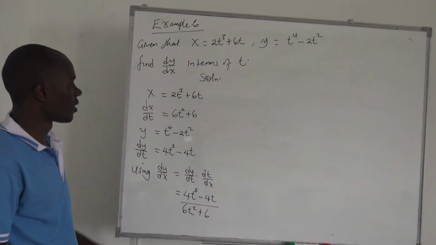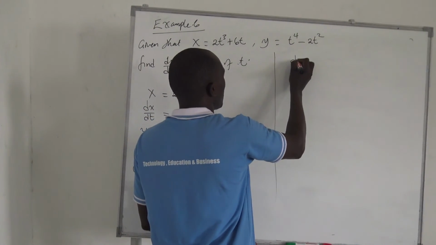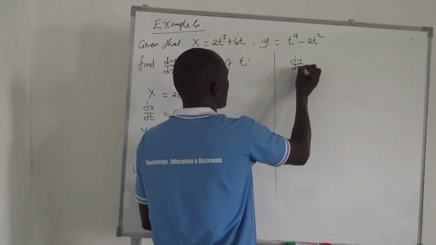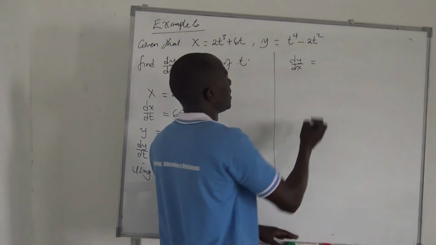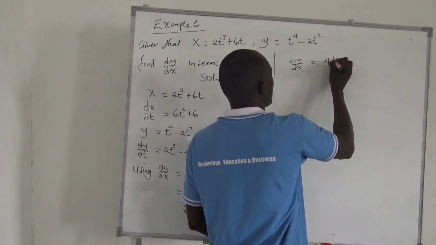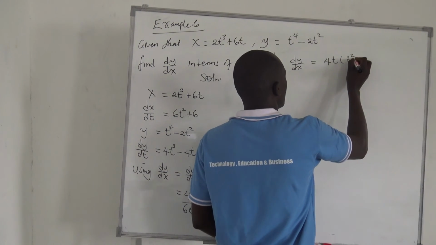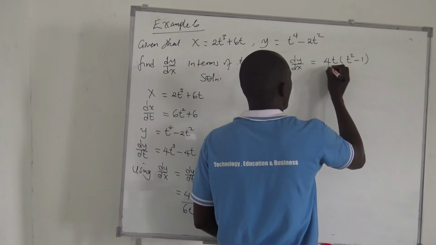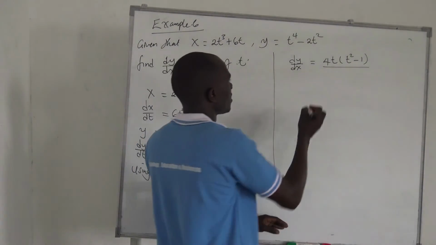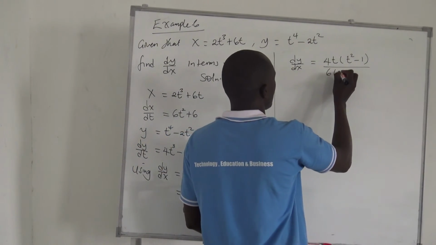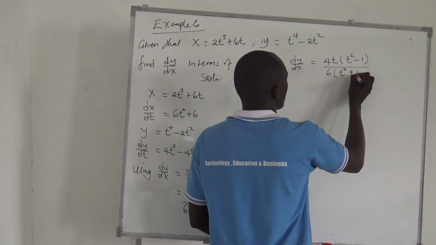Then here we are free to factorize out. Our dy/dx equals, what is common up is a 4. 4t into t squared minus 1 all over, what is common down is a 6. 6 into t squared plus 1.